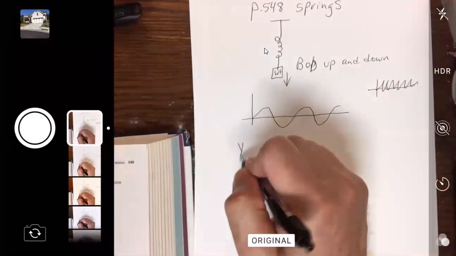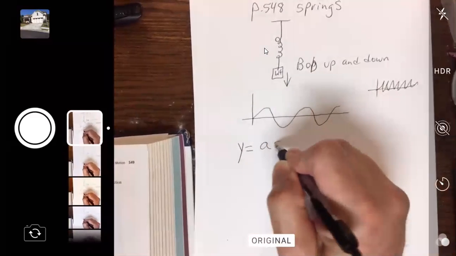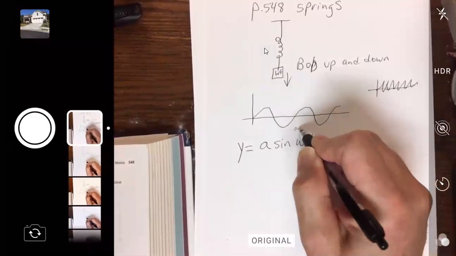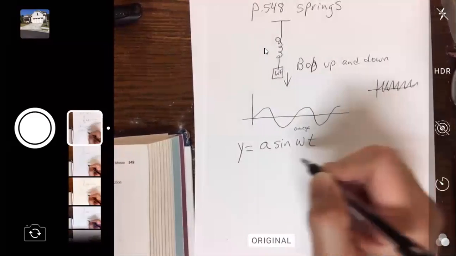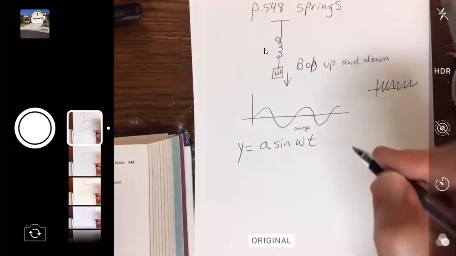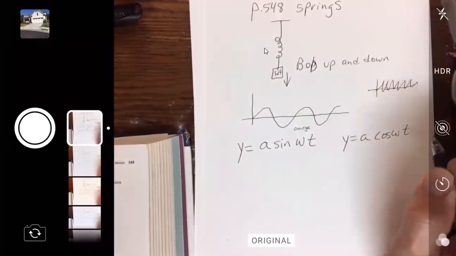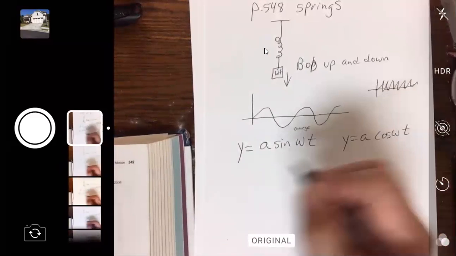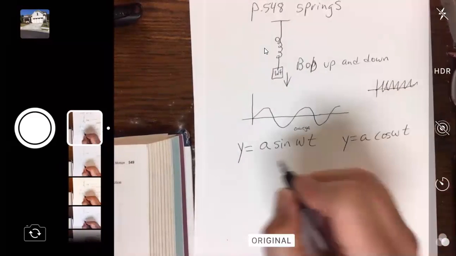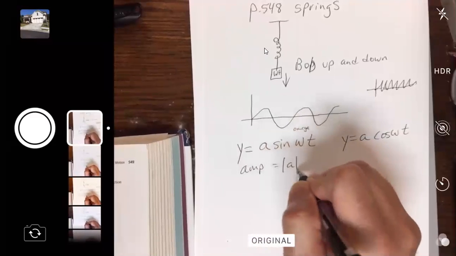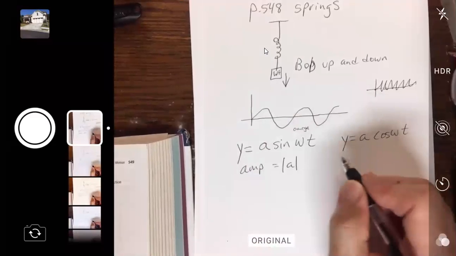So they're going to use the formulas A sine of omega t. It looks like a W, it's called an omega. I can't make the fancy script on it. Y equals A sine or cosine of omega t. If we reach back, your amplitude will be the absolute value of that A, the coefficient, in both cases.